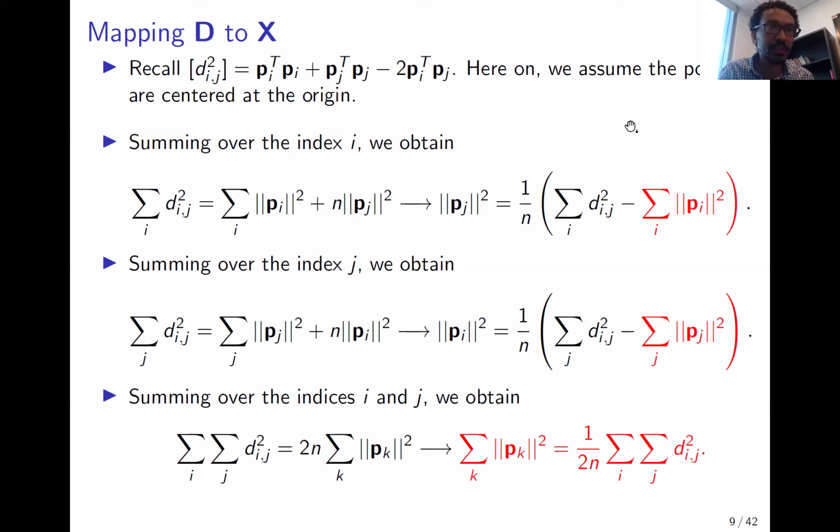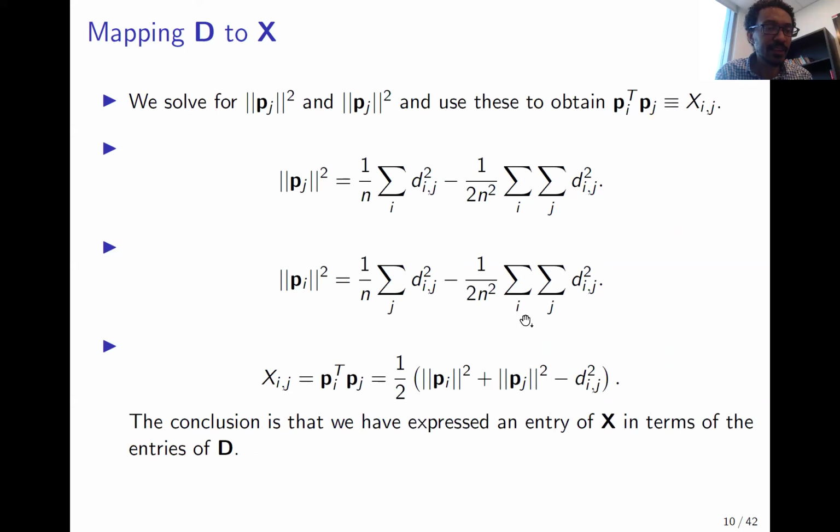So we get the following expression. I do the same thing, except I sum over the index j. And finally, I sum over both the index i and the index j. You might see that I have carefully highlighted the red terms.